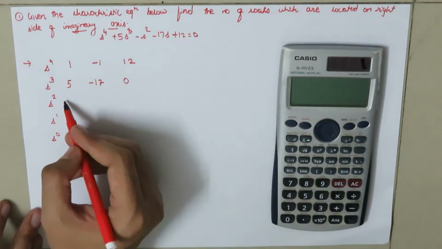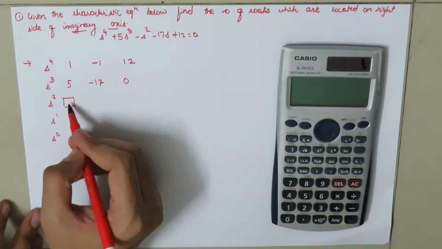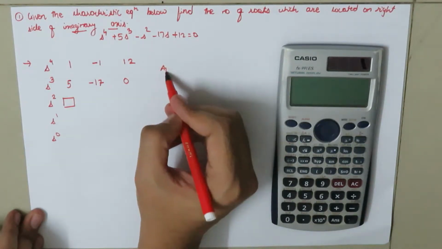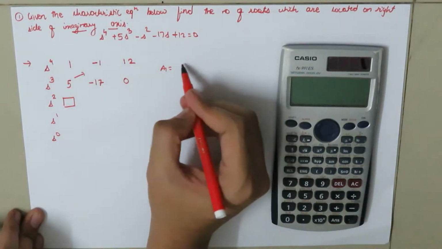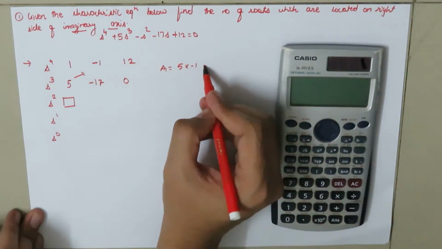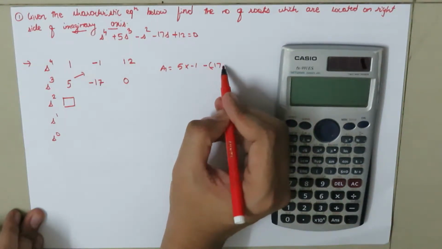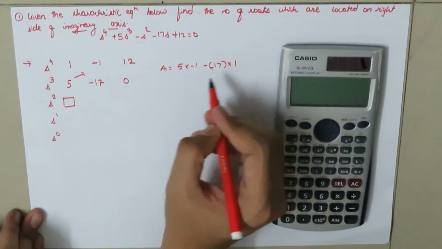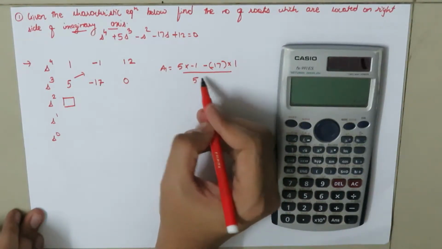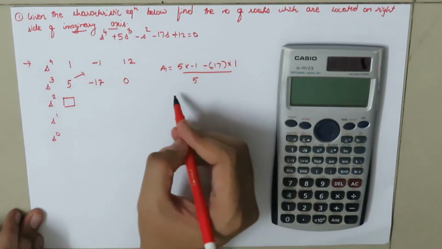And now suppose this element is A1. So A1 will be equal to 5 into -1 minus -17 multiplied by 1, over the first element of this row, which is 5.